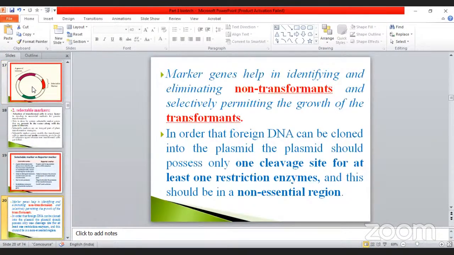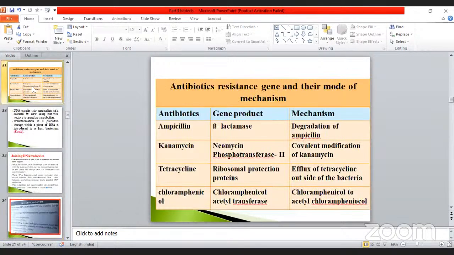What is the non-essential region? What is the essential region? Non-transformation and transformation, what marker genes do. Then antibiotic resistance genes and their mode of mechanism: four antibiotics, the corresponding gene products, and the mechanisms, we already did.